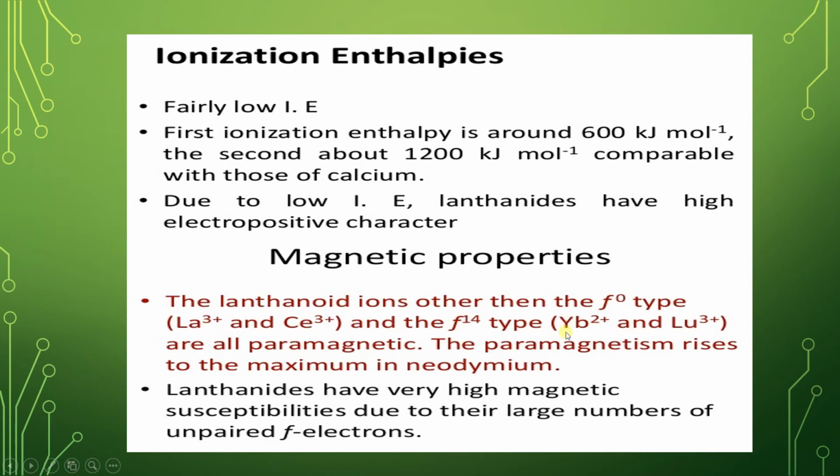Except in these cases, the remaining elements are all paramagnetic. These are diamagnetic because an empty f orbital and a completely filled f orbital are diamagnetic, and the remaining, partially filled f orbitals, are all paramagnetic in nature.